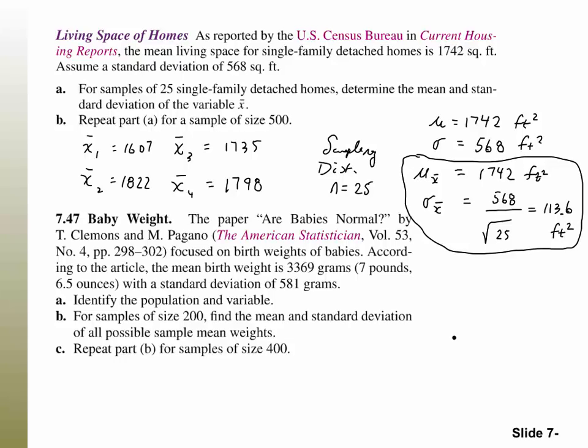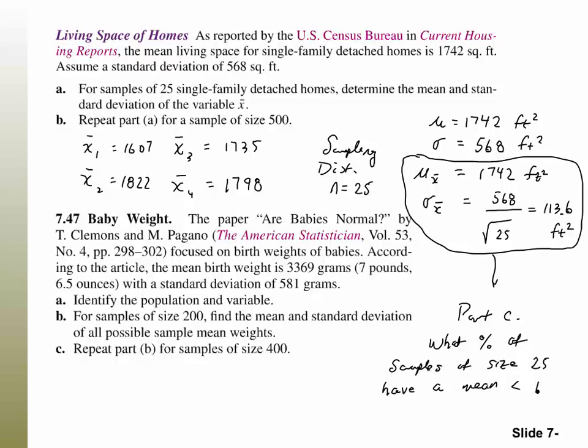So now we can ask a question like, part C. What percentage of samples of size 25 have a mean less than 1,700 square feet?